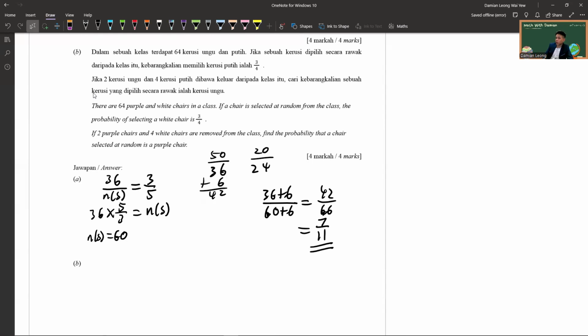And part B, there are 64 purple chairs and white chairs in the class. If a chair is selected at random from the class, the probability of selecting a white chair is 3 over 4. So if I take 3 over 4 of 64 chairs, 48.